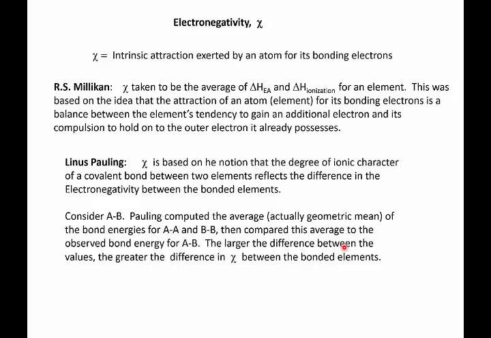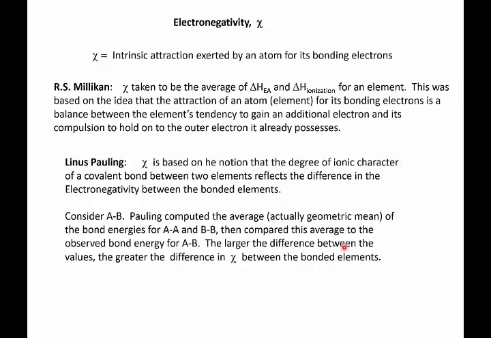A number of chemists have introduced procedures for getting a numerical value for electronegativity. It's a quantity that is not measured directly, but it's computed from observed physical properties. First to really do this is Millikan.